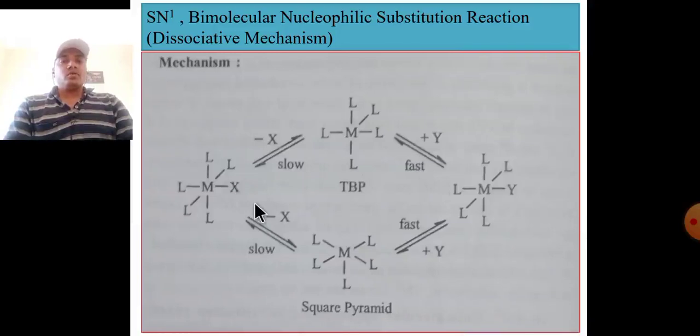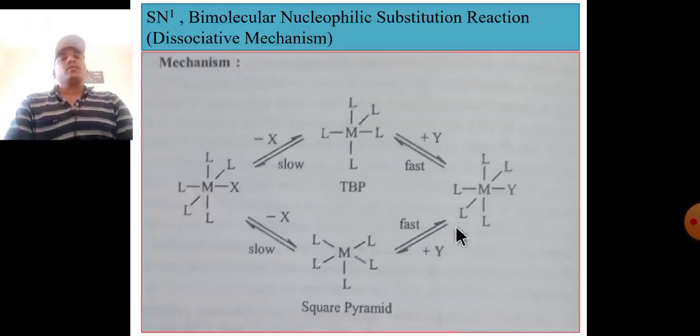The mechanism goes like this: in the SN1 dissociative mechanism, first of all cleavage of the leaving group X forms a trigonal bipyramidal intermediate or a square pyramidal intermediate. Then the incoming ligand reacts with this 5 coordinated complex to form a 6 coordinated complex.